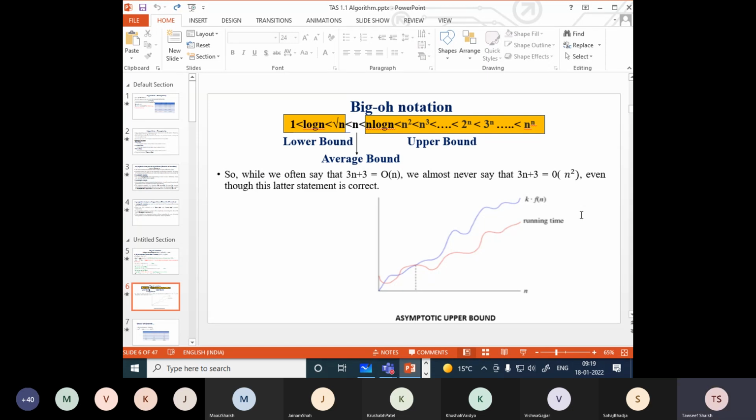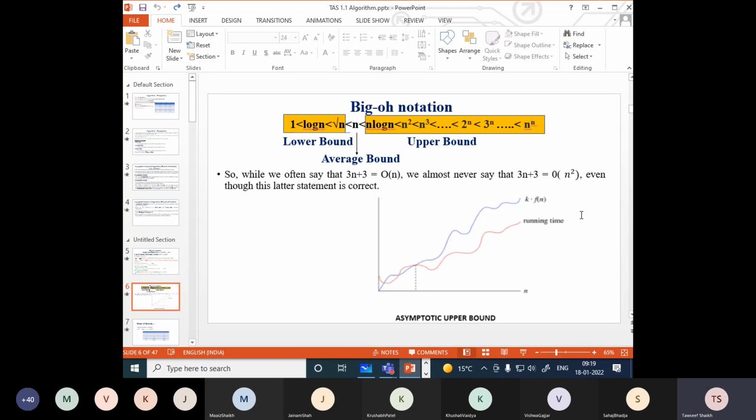So that is the point mentioned here: while we often use terminology like 3n plus 3 is big O of n, yes, it is big O of n because it satisfies the condition given on the previous slide. We almost never say that 3n plus 3 is big O of n square.